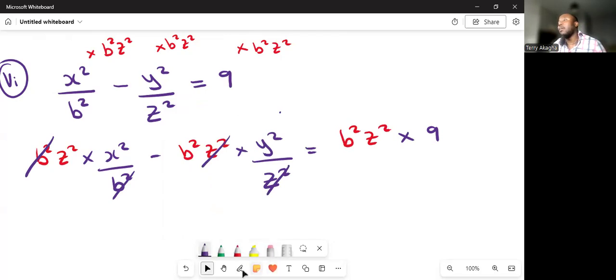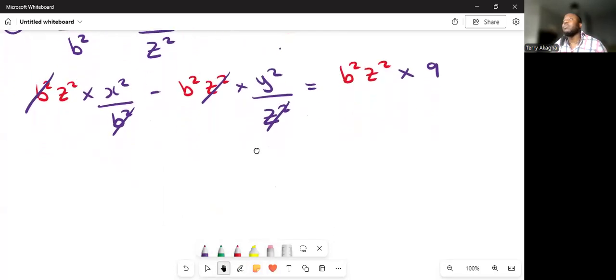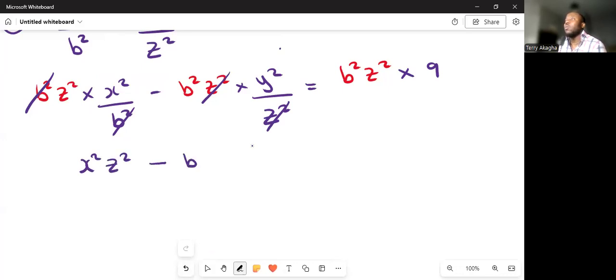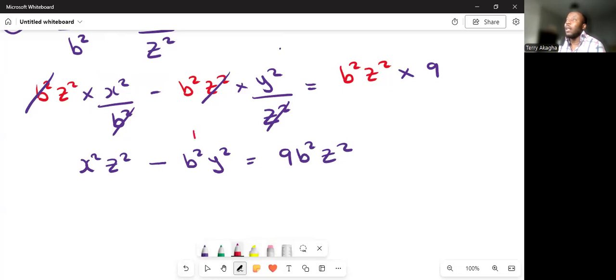So now we have x squared z squared minus b squared y squared will be equal to 9b squared z squared. Are you seeing it? So now we need to get rid of the minus b squared y squared. So I'm going to add b squared y squared to both sides.